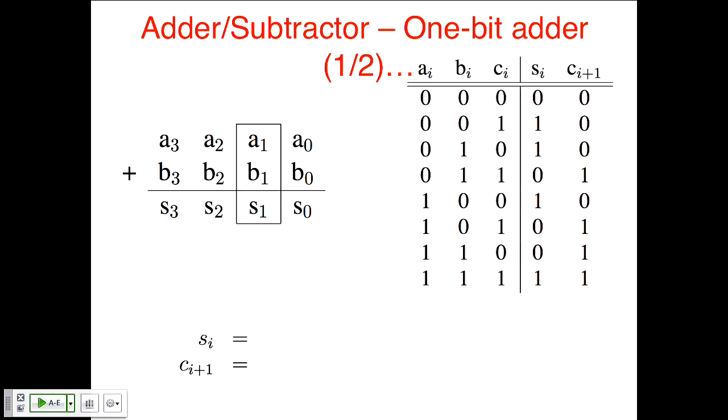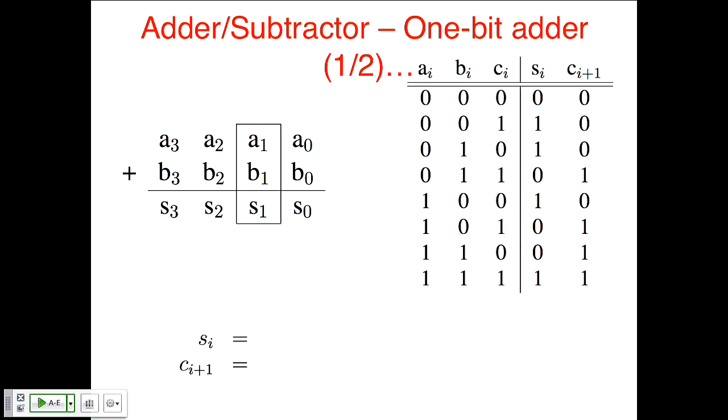So just to pull out a few of these, if everything's 0, the sum will be 0 and the carry out will be 0. If A and B is 0 but there's a carry in, the sum will be 1 and the carry out will be 0. So notice you're adding 3 1-bit values. So the sum plus carry, informally the value is going to be somewhere between 0, 1, 2, or 3, depending on how many 1s you have in any row of this table, right?